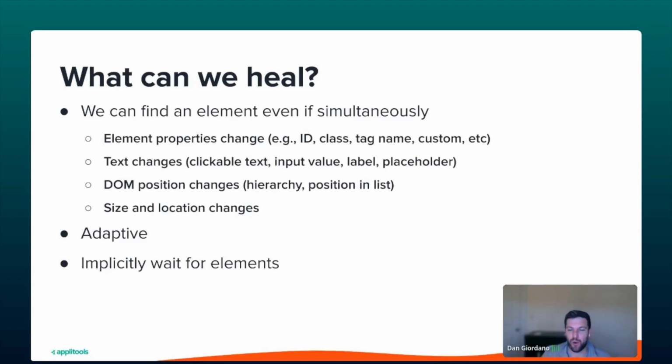If we don't want our flaky test to break on that, this is where self-healing comes in. We'll also add implicit weights for elements, and we're really adaptive to the UI changing, whether your development team changes the underlying structure, adds new elements to the UI, or makes presentation layer changes.